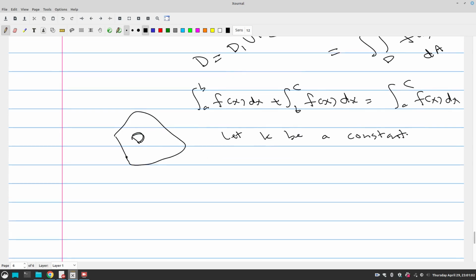And if you integrate k over D, then you get k times the area of D, where this is the area of D.